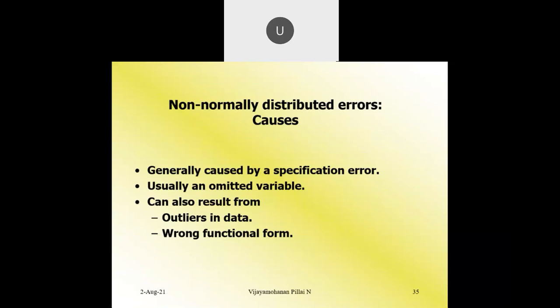Because if outliers are there, that will also affect our estimates. We know the mean is partly affected if outliers are there. So regression coefficients are also affected by outliers. So we have to check for the outliers in data, for example, by using a box diagram, the box and whisker diagram. Those will give us some idea whether there are any outliers or not. If there are outliers, then it is safe that we omit them.